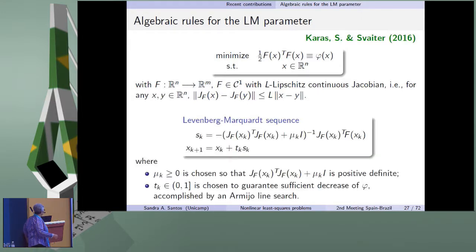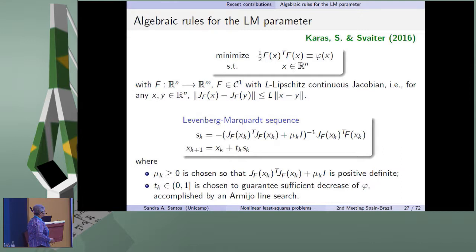The idea here, I recall the Levenberg-Marquardt sequence, and we would like to select this parameter mu k such that this direction is as large as possible, and we can take the step length 1 when we are ensuring sufficient decrease.